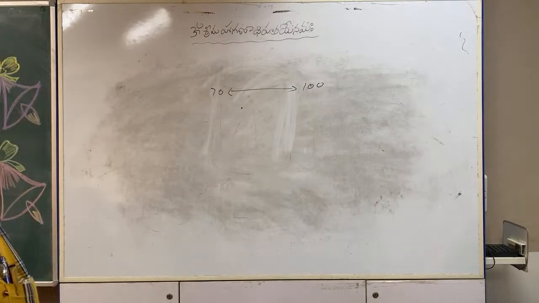What are the prime numbers between 70 and 100?